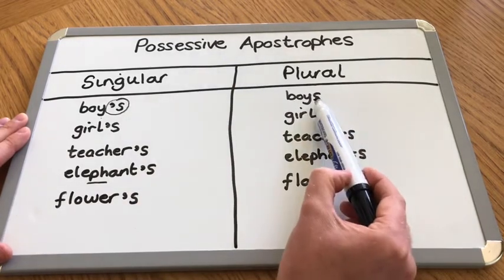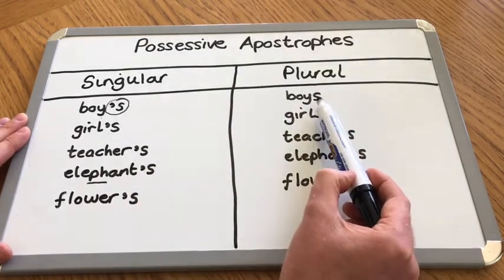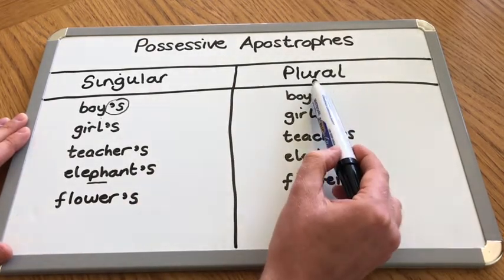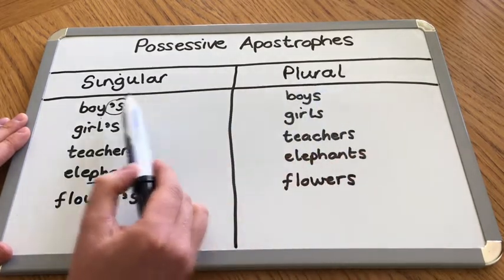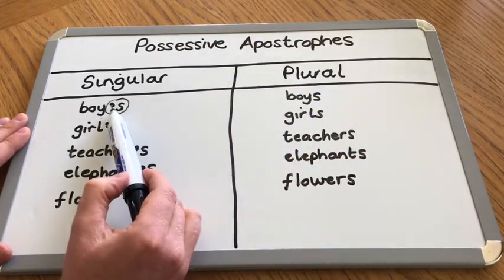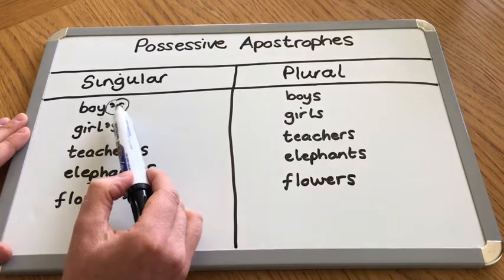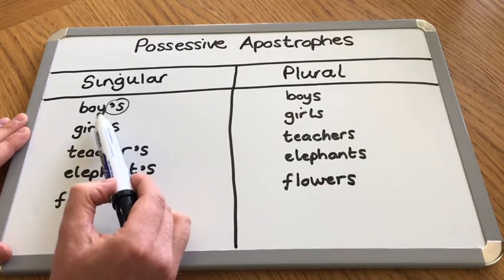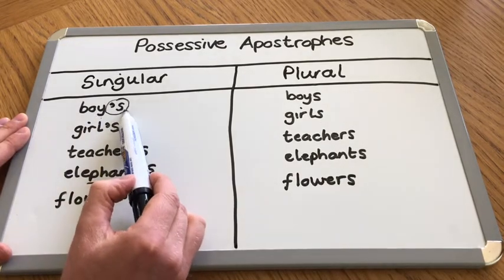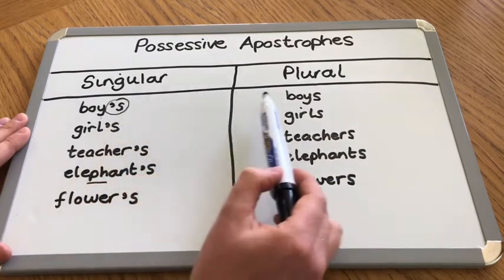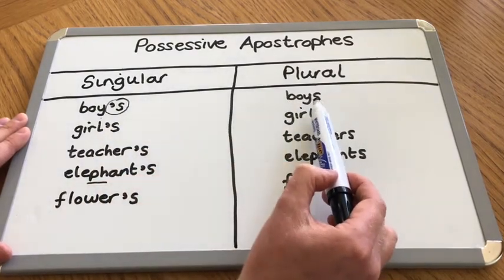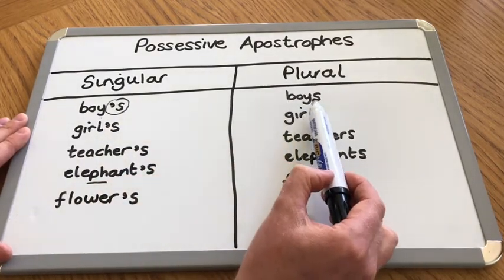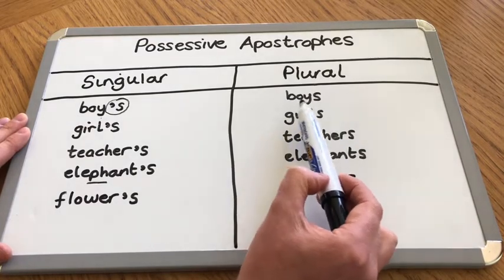So it's different to this word boys because the S in this word is for plural. The difference is the apostrophe. If the apostrophe is there, that separates the S. It means it's one boy and something belongs to him. In this word, the S is part of the word boy, which means there's more than one boy.